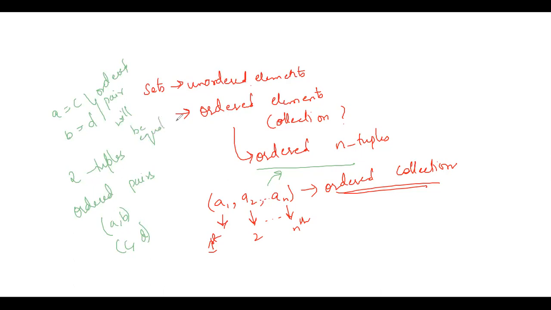And the order of collections is usually important. We will study it in the unit known as relations. For now, we just have to remember that ordered pairs are only if we have the tuple of two elements, a comma b.